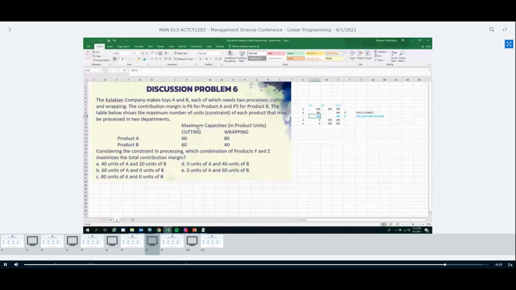So, meaning, hindi ka pwedeng umakyat ng 80 units. So, therefore, ang answer natin is letter B, 360. The reason being is letter C will violate yung constraint natin. No? So, letter B is the correct answer.